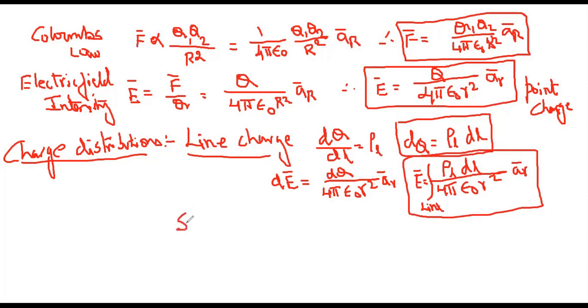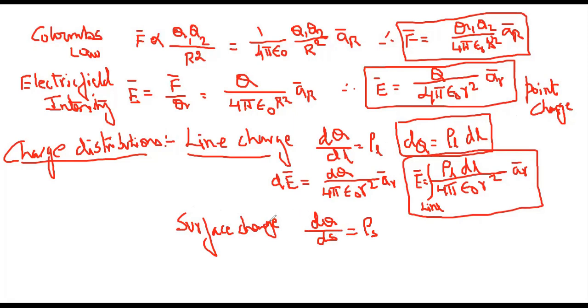For the surface charge, the change of charge dq by ds is equal to rho s, where rho s is coulombs per meter square. Here it is coulomb per meter only for the line, because the length is in meters.